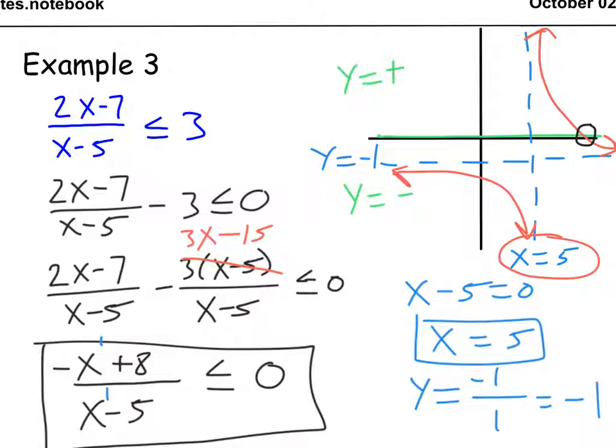It's below the whole time, which means as far as stating my solutions, I want all of those. I want all of them. Now I don't want to say 5 because that's an asymptote, right? So that's why I have that point marked. The graph is never going to take on the x value of 5, or at least if it does, you won't get a y value. So any x value less than 5 is going to be a solution.